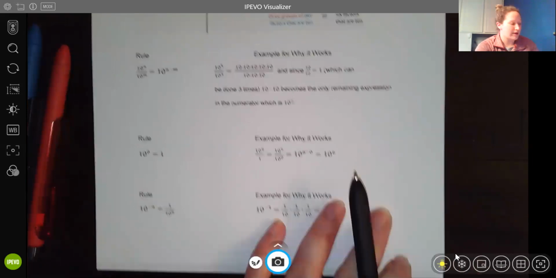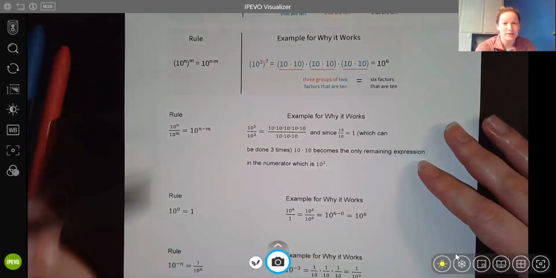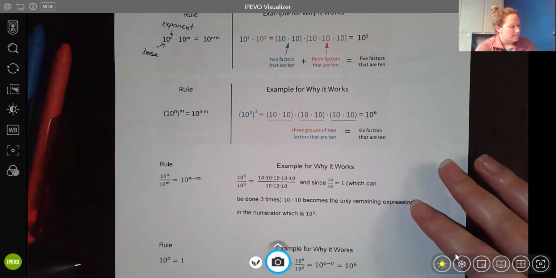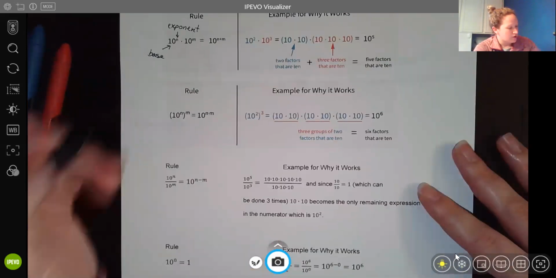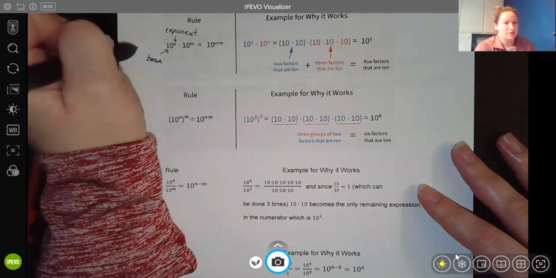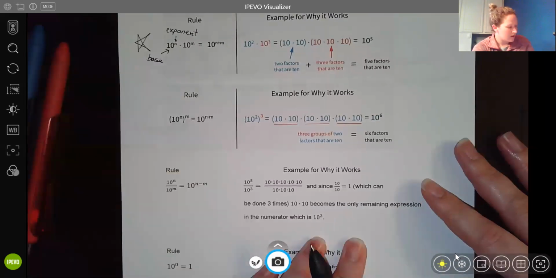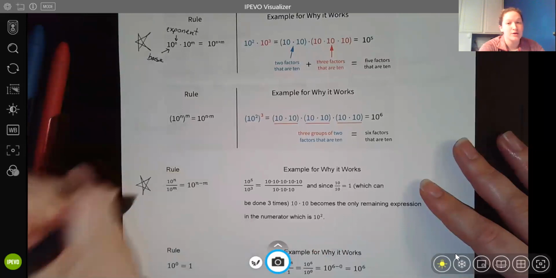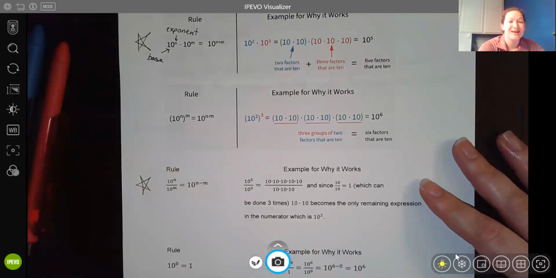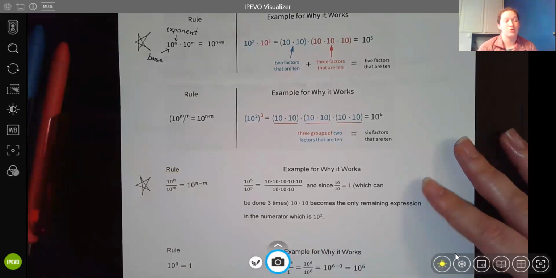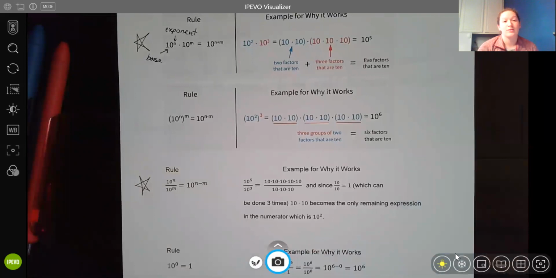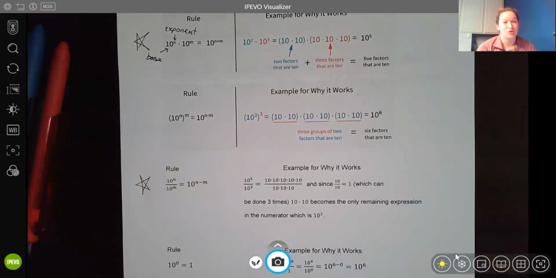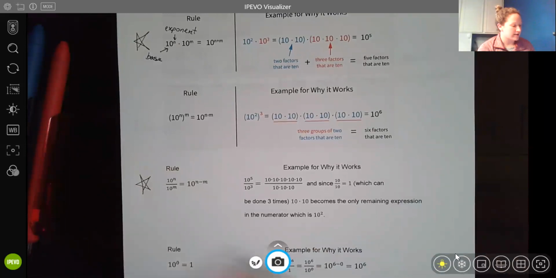And so you might see some questions like this on your test, but I also want to really draw your attention to this rule here and this rule here, because those show up again at the end of your unit when we're talking about scientific notation. You do some work where you're multiplying numbers in scientific notation and some where you're dividing numbers in scientific notation.